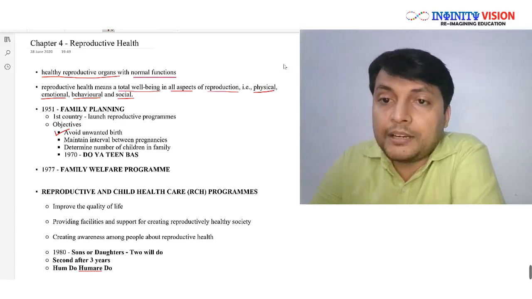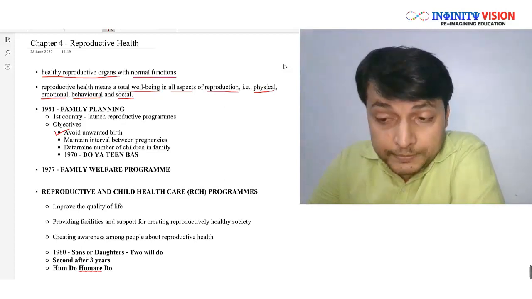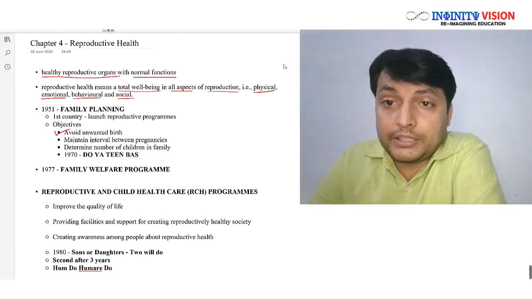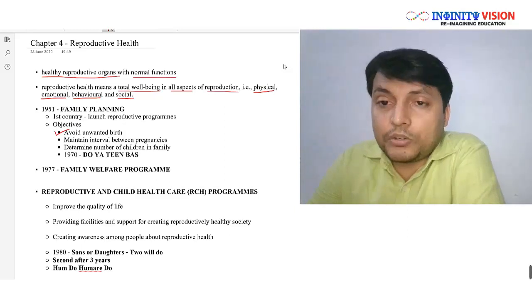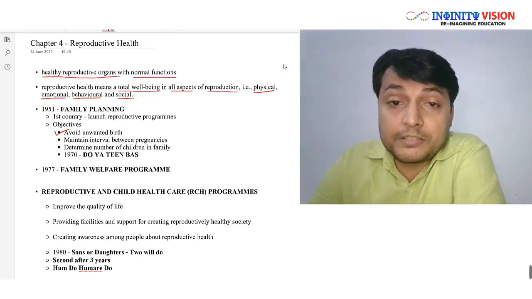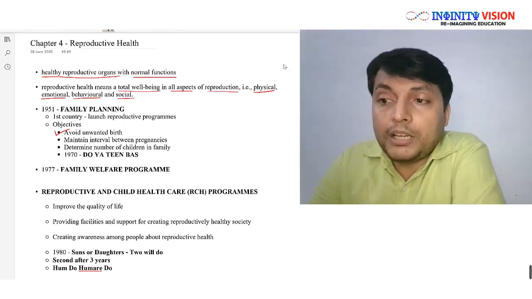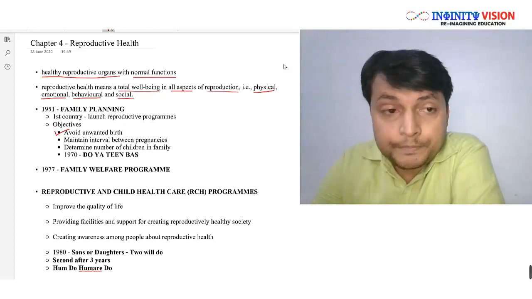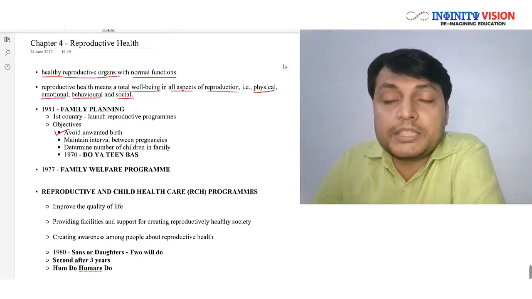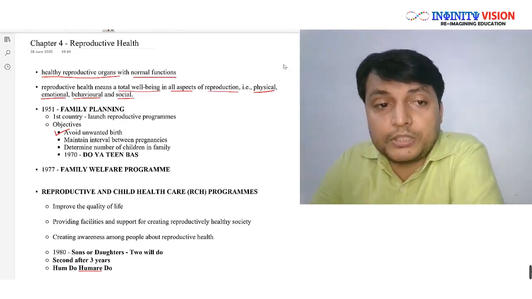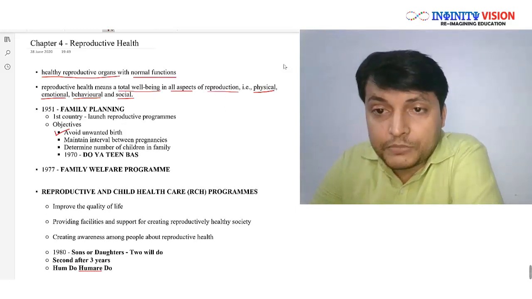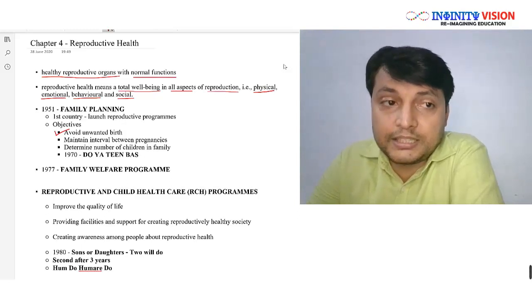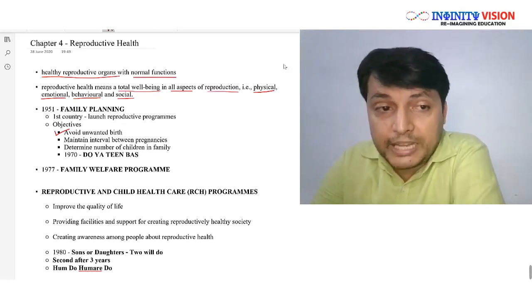And to lower the rate of infant mortality or the mortality of the pregnant women, it was required to maintain a particular interval between two pregnancies, to space out between two pregnancies. And this was one of the objectives of this family planning.